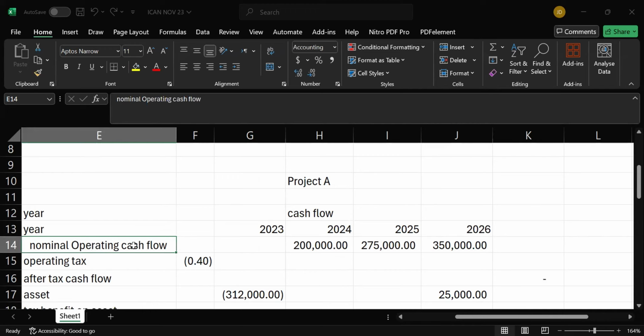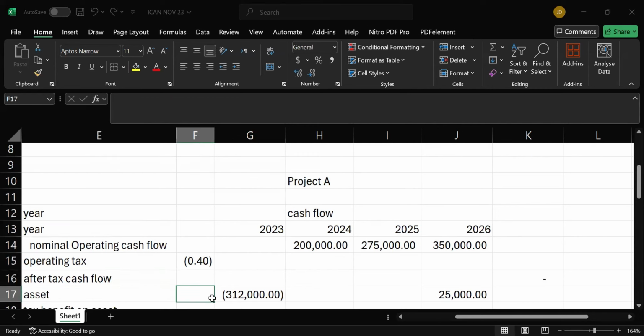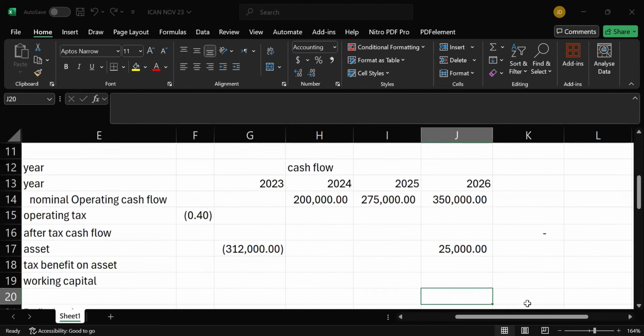Okay, tax rates, operating cash flows means your profit before tax. Okay, tax rate is given at 40%. And that will take me to my profit after tax. The assets are going to cost 312 million. And at the end of year four, there's going to be an inflow of 25,000, which is the expected sales value, the residual value of the assets.